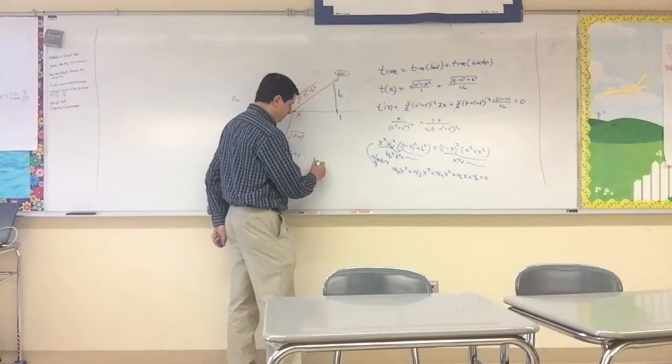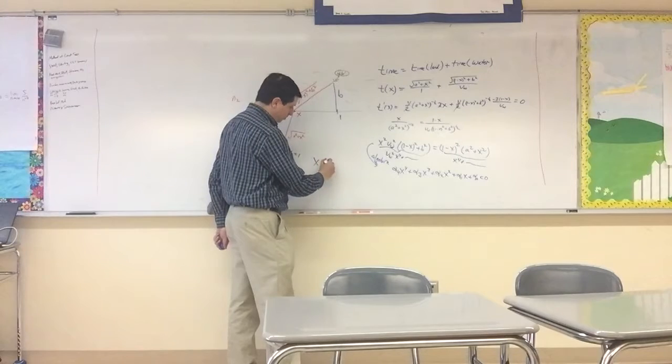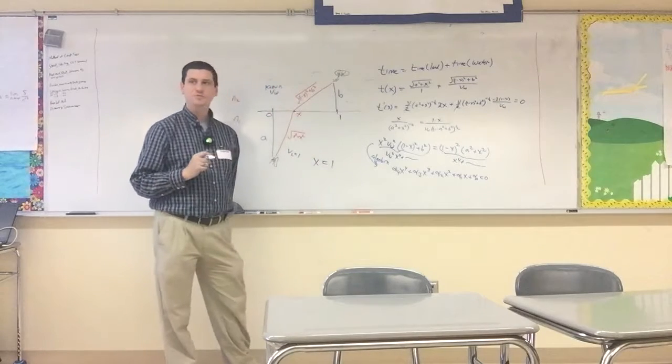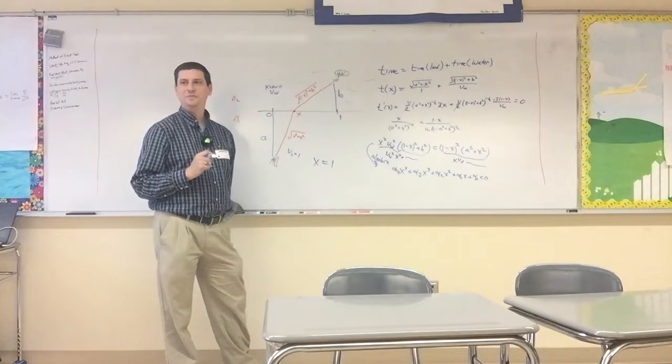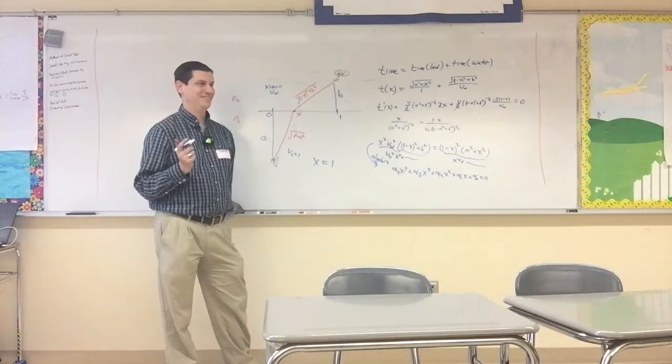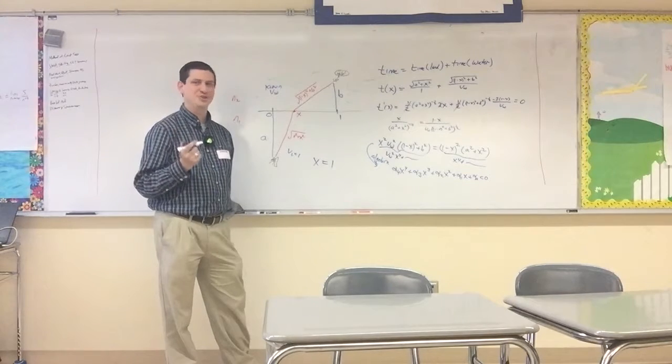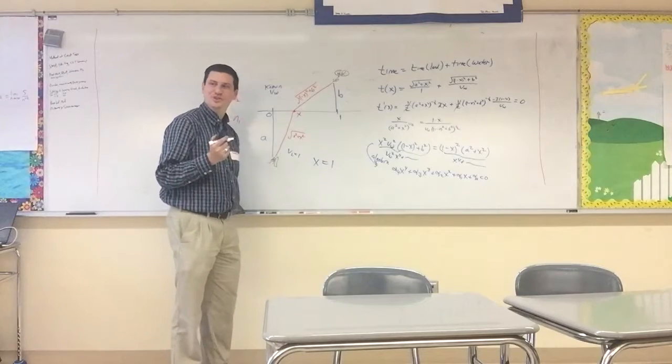If you want to solve x equals 1, can anybody give me all the roots to x equals 1? All values of x such that x equals 1. What values satisfy this? 1. Right? The problem is a little trivial.